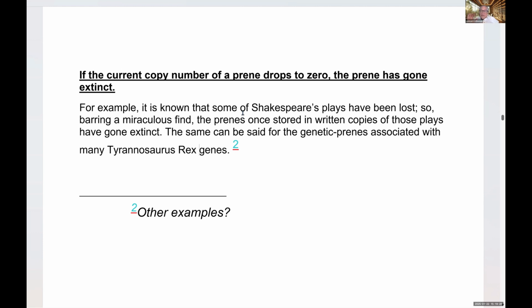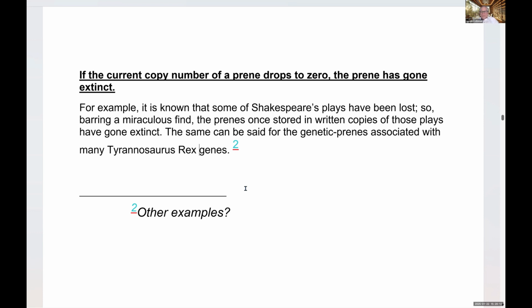But Hamlet's soliloquy was written around 1600, 1601 maybe. We know Shakespeare wrote other plays because they're listed on the official list of plays maintained in Elizabethan England. But no copies have ever reached us. So all the preems that might be stored in copies of those plays are presumably, unless something amazing happens, lost to us forever. They've gone extinct.